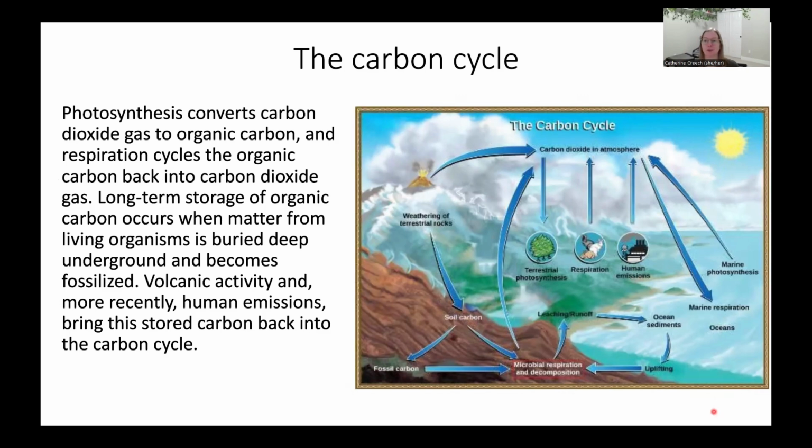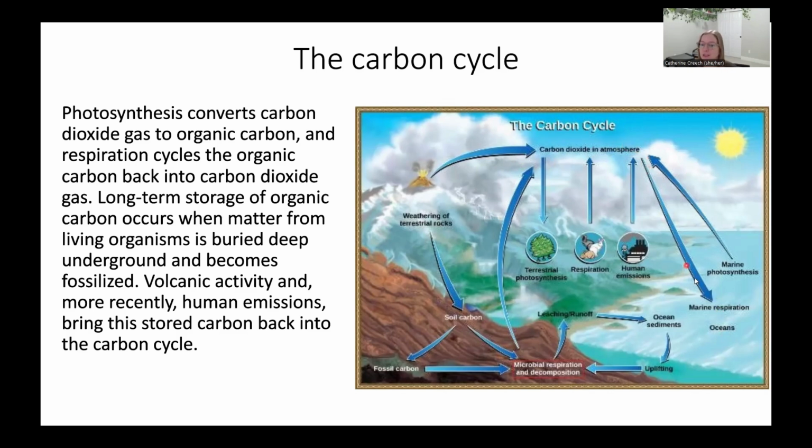Then we have our carbon cycle. So the carbon cycle is probably the most dramatic one. The carbon cycle, we have our main reservoir, which is going to be the ocean. So this one is showing a lot of arrows that are the same size, but our ocean is a huge reservoir of carbon dioxide. We also have carbon dioxide in the air, but from the air, it's going to dissolve right into the oceans.